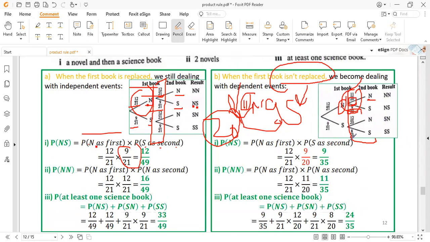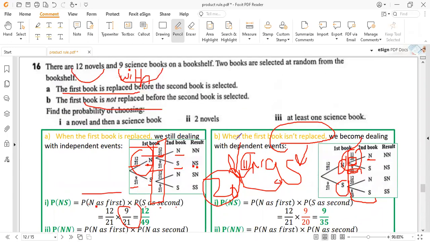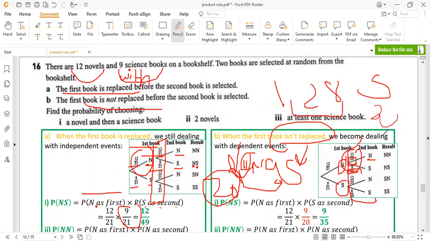Good. And if we obtain a science book in the first one, and it shouldn't be replaced, then the new sample space, or the new bag, or the new box, contains only 8 science and 12 novels. In total, we have 20 instead of 21.